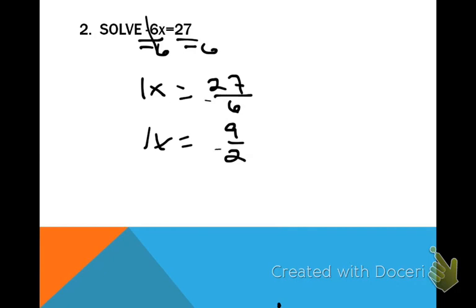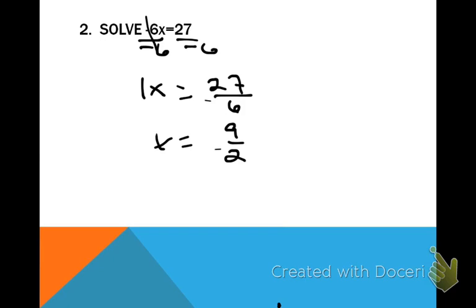Now, what was the goal? To isolate the variable, you got to get it all by itself on one side of the equal sign with a coefficient of 1. Does it have a coefficient of 1? Yes. Is it all by itself? Yes. Do you have to write that 1? No. And so now x has been isolated.